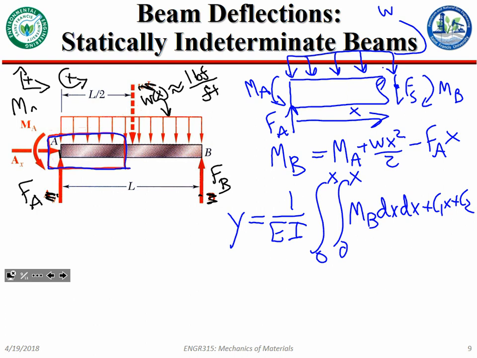Now, how many different boundary conditions can I find? How many different places along this beam can I say exactly what the displacement is, as well as what the slope is? 2. Let's be more exact. What boundary conditions can I specify?